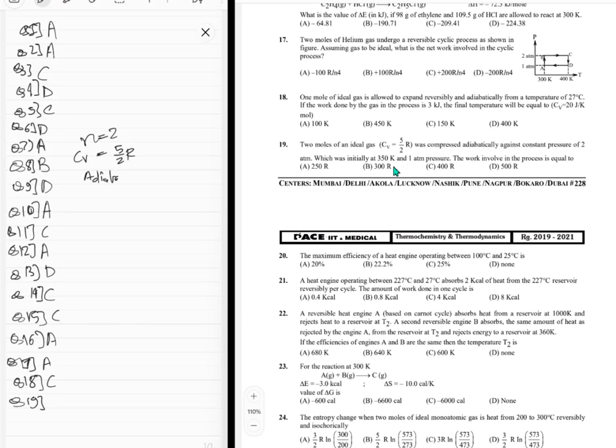It's compression, that means V2 is less than V1. Against constant pressure of 2 atmosphere, which was initially at 350 Kelvin. Okay, and 1 atmosphere.